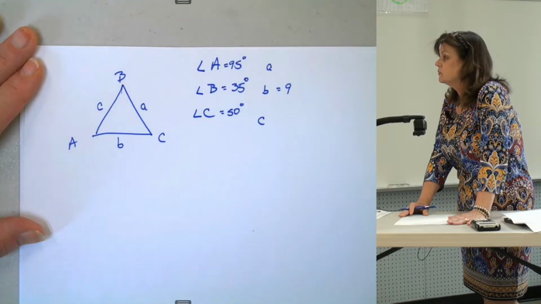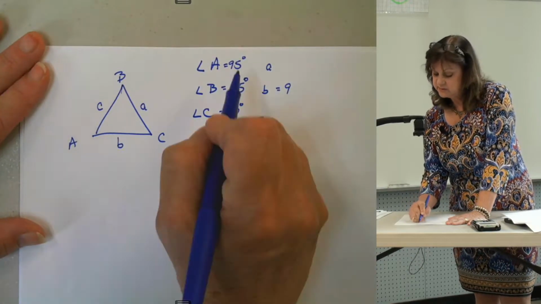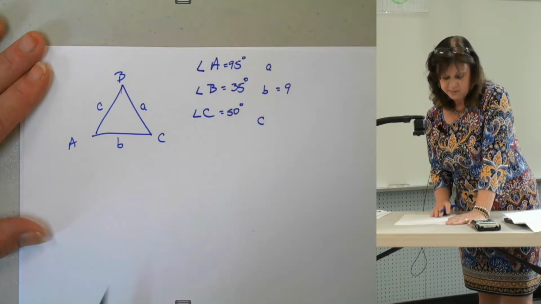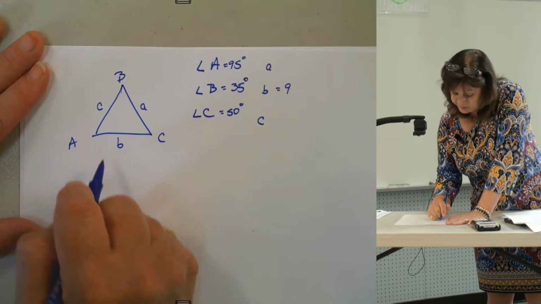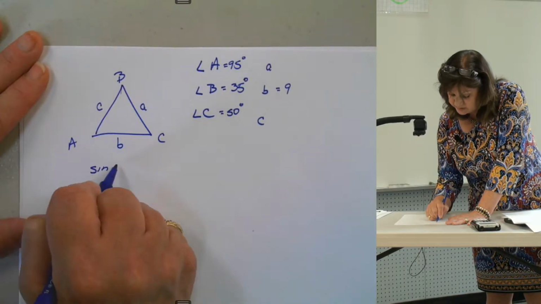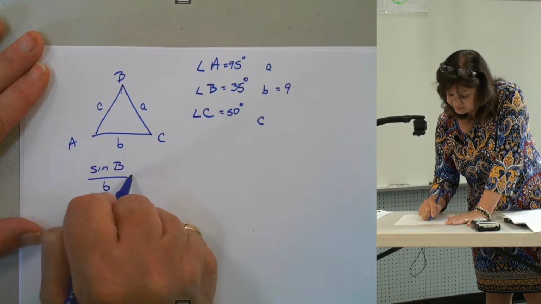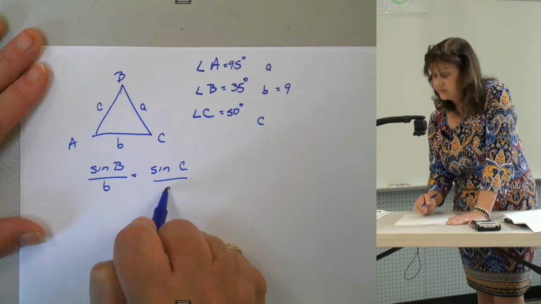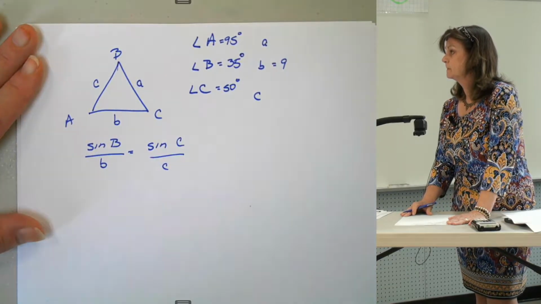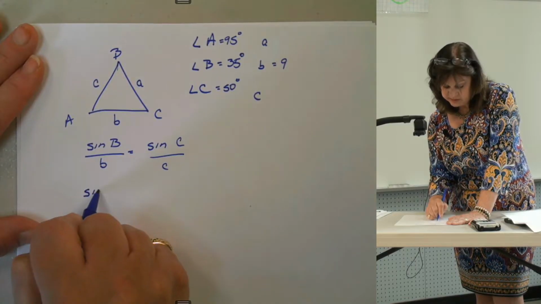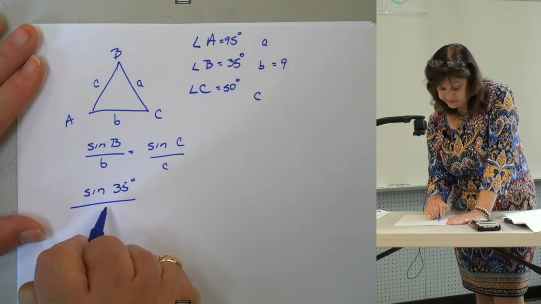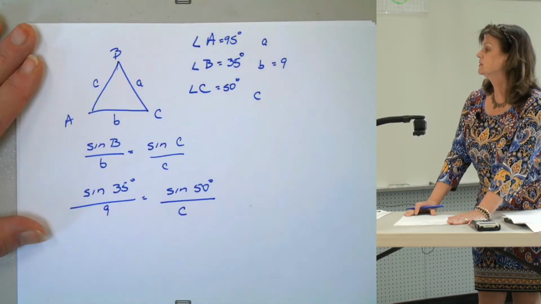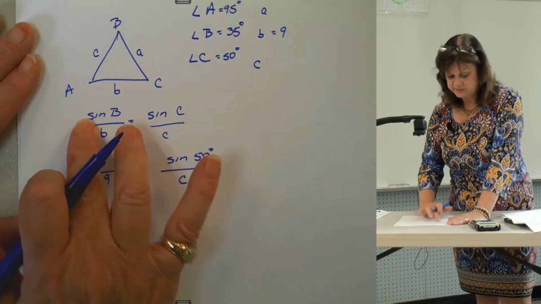This one's going to be very similar to the one we just worked because the longest side is going to correspond with angle A, and the shortest side with angle B. But we know what we know, so here we go. Sine B over B is sine C over length C. So the sine of 35 degrees over 9 is going to be the sine of 50 degrees over length C. We're going to cross multiply.